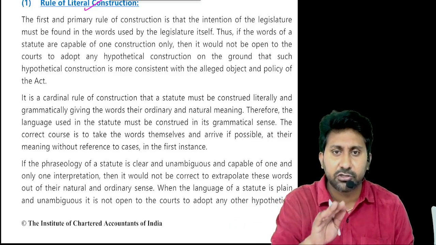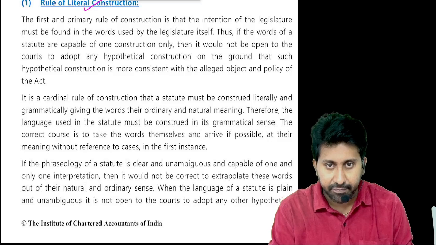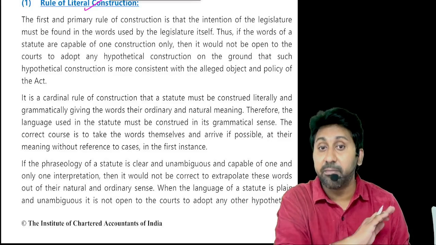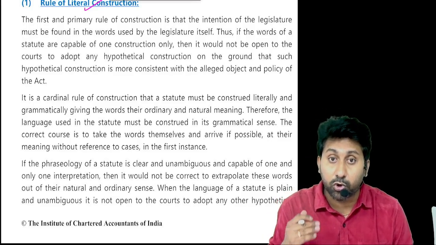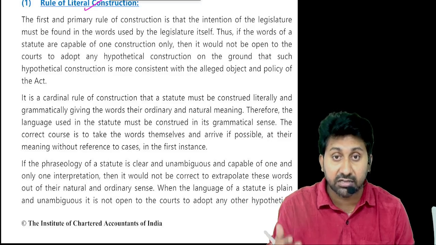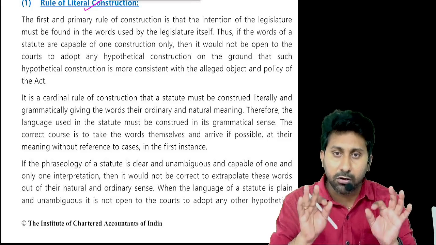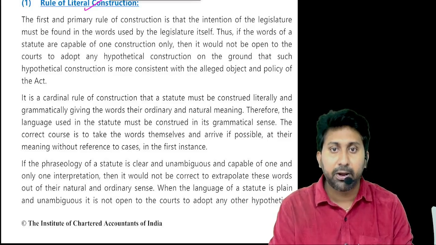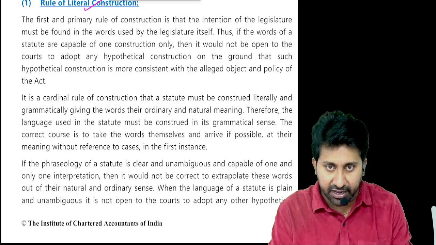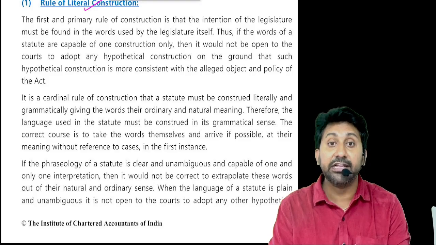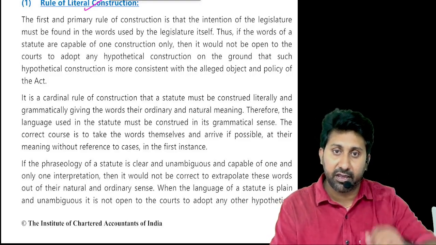When the language used in the act is unambiguous, clear and plain, that means there is no chance of giving 2 meanings for the words used. Then always courts should apply the rule of literal construction, where you understand the phrases or words in the way in which the legislature wanted to convey.